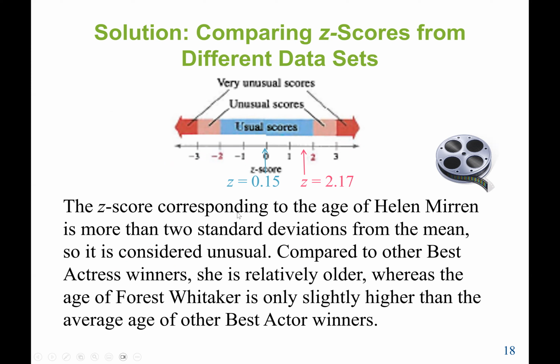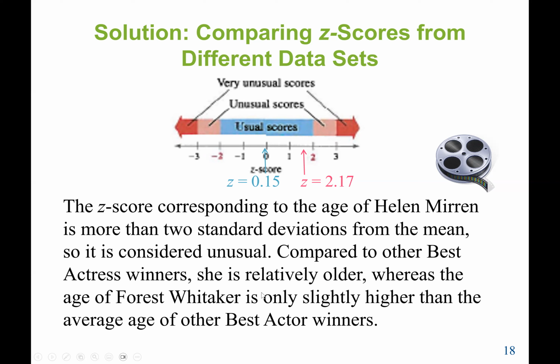Now here we say the Z-score corresponding to the age of Ellen Mirren is more than 2 standard deviations from the mean, so it is considered unusual. Compared to the other Best Actress winners, she's relatively older, because she is about twice the standard deviation above the mean.